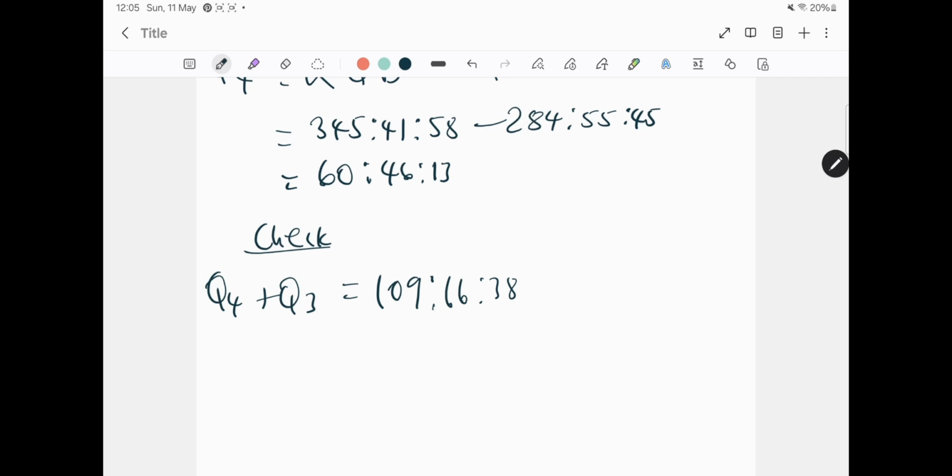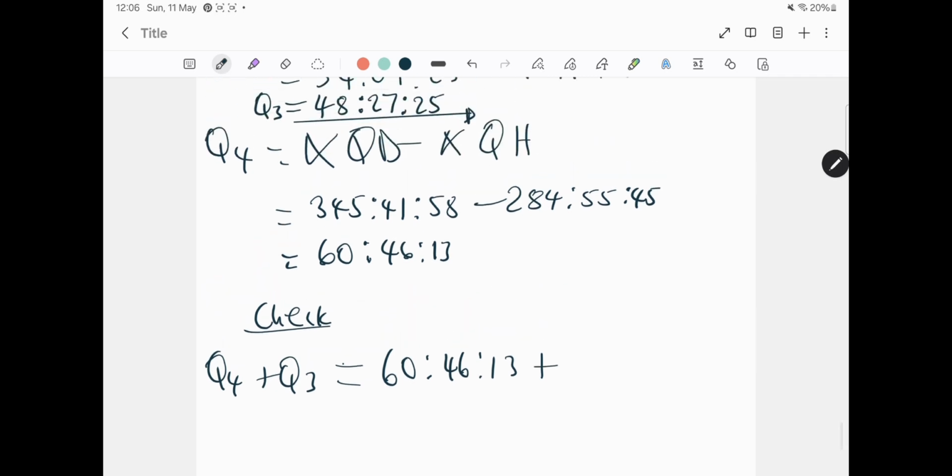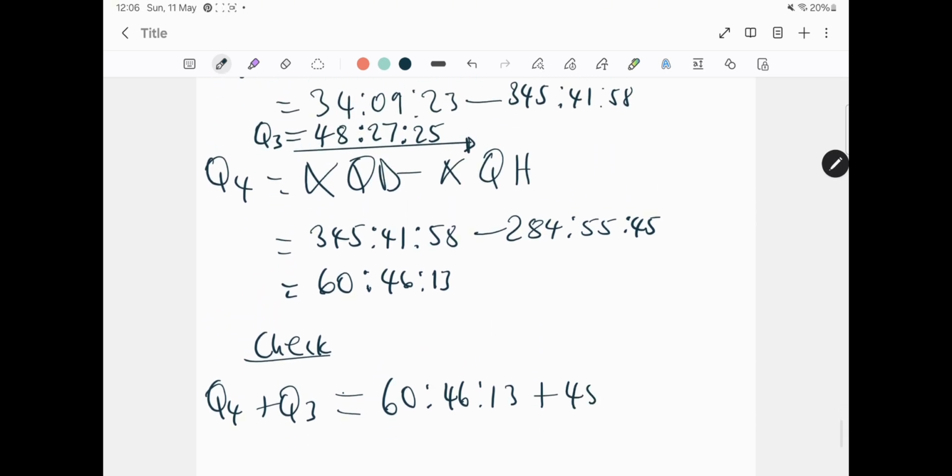So when we're adding them, okay, let me just write them. Let me not write the answer first, so let's check if they are giving us that answer. So it's 60, 46, 13 plus 48, 27, 25.